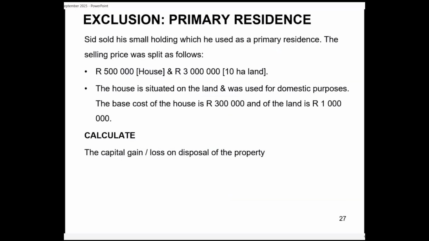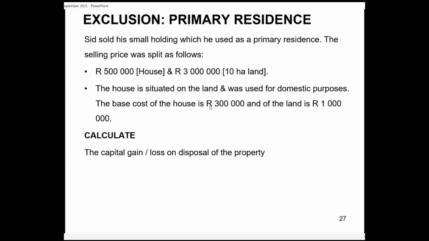So we'll do this by example. A person sold his smallholding, which he used as a primary residence. The selling price was divided as follows: 500,000 for the house, and 3 million for the 10 hectares of land. The house is situated on the land and was used for domestic purposes.